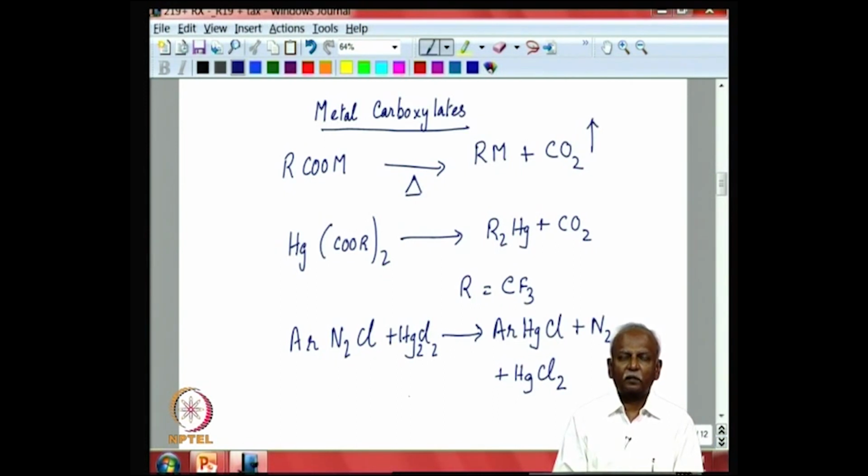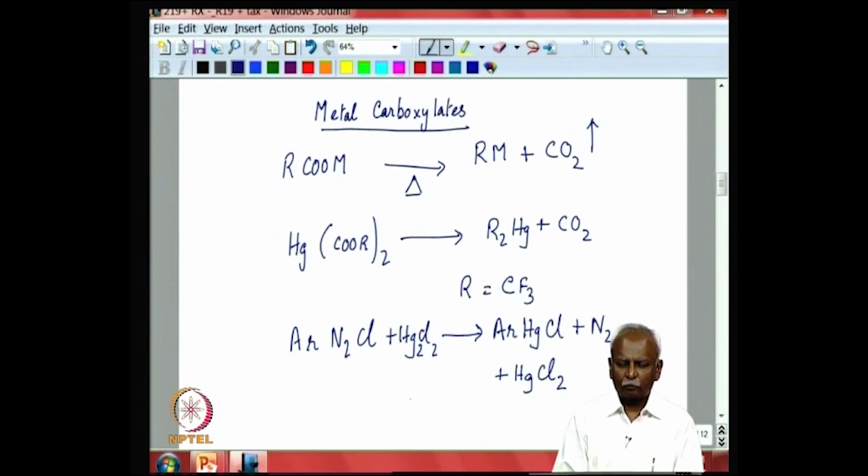You can use a metal carboxylate, and if you heat the metal carboxylate, because of the elimination of carbon dioxide, you will form a metal alkyl compound, and this is convenient because there are instances where you can generate metal alkyls which are otherwise difficult to make.